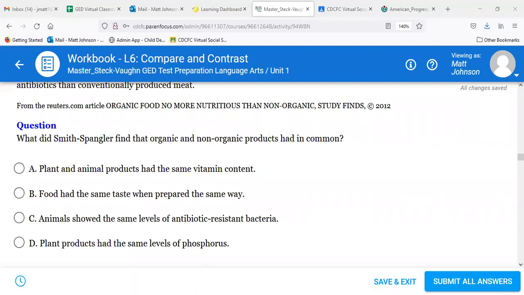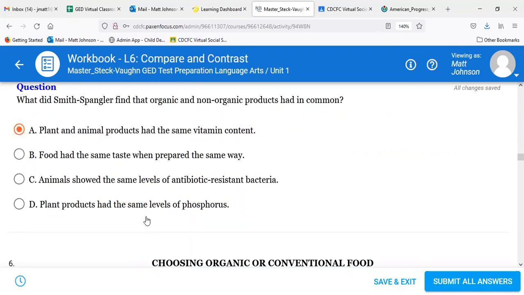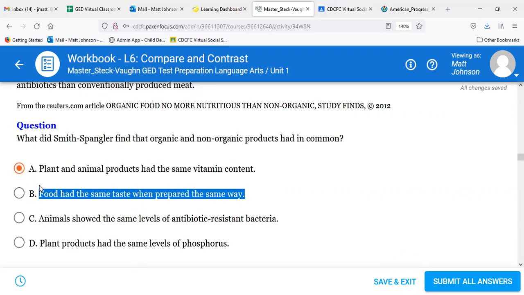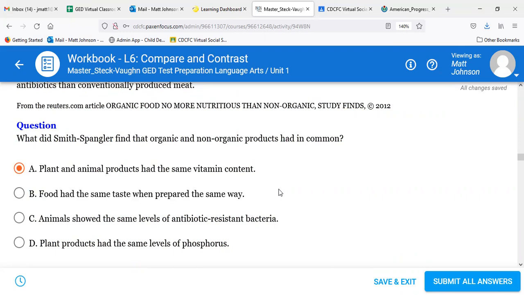Maybe C. It's A. So A, plant, right? Because they say in the passage that regardless of whether it's organic or non-organic, they have the same nutritional value. It doesn't mention anything about how the foods taste anywhere, so we can eliminate that. Animals show the same levels of antibiotic-resistant bacteria?